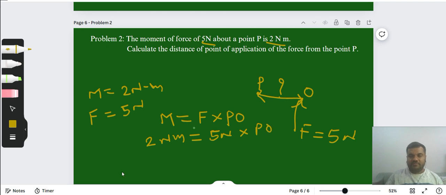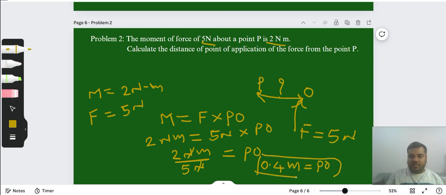We need PO, therefore 2 Newton meter divided by 5 Newton equals PO. The Newton cancels. If you calculate 2 by 5, it is 0.4 meter equals PO. This is the distance from the point of application of the force to the pivot point.